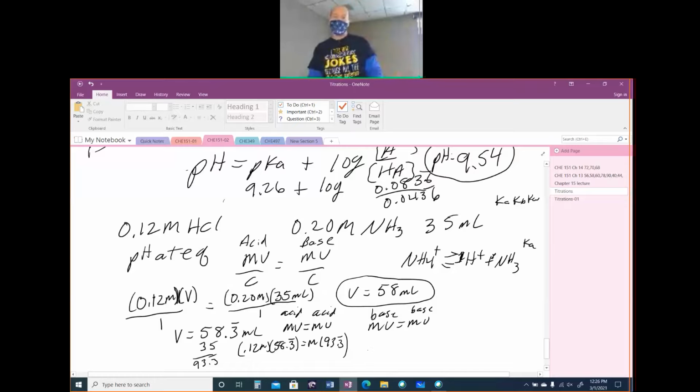I go to all of the decimals, and then they will be exactly the same if I do it that way. My base is 0.20 molar. The volume is 35. What's the molarity now that the volume is 93.3 repeating? So theoretically, you only have to do this once because it's the equivalence point and they are the same, but we'll do both of them.